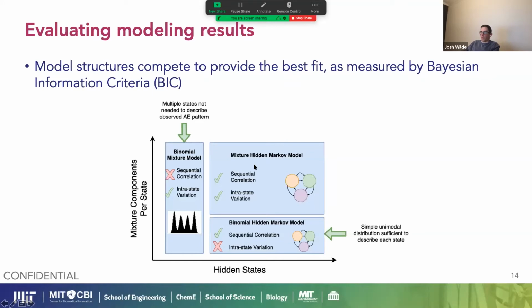So what we're looking for is evidence from the model that fits the data the best of whether there is evidence of sequential correlation in the adverse event rates.